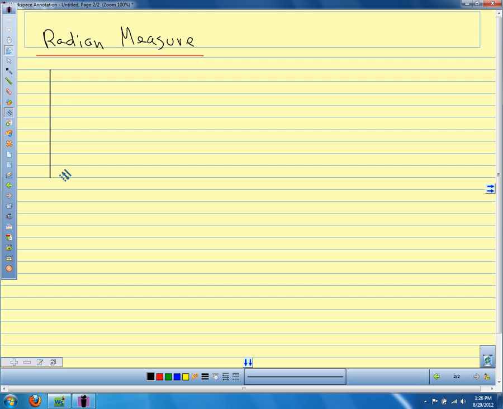So we need our axes again. And if we draw our angle in here in standard position, so here's the initial side, we come up here to the terminal side, and we're rotating from this point around to this point.